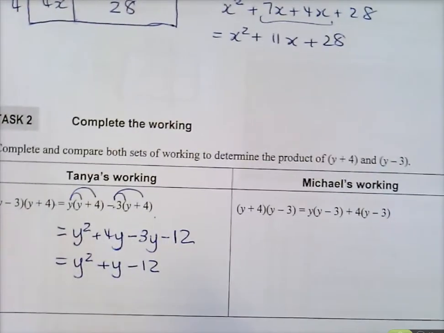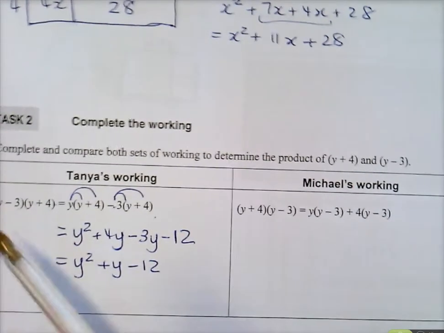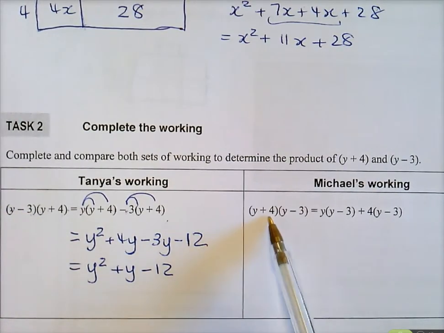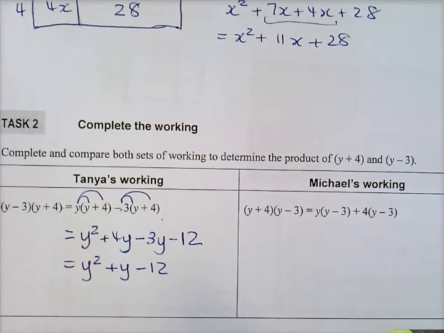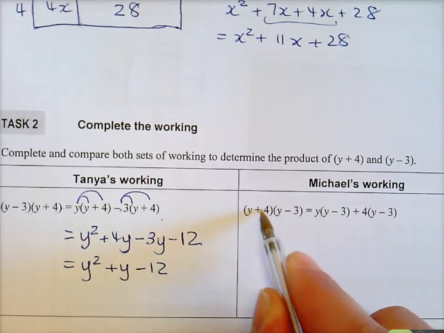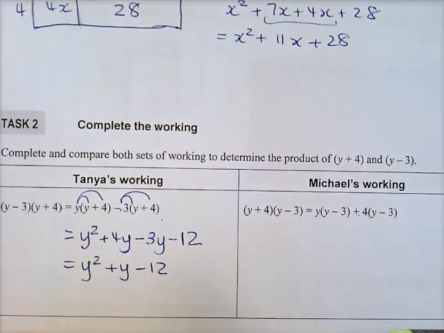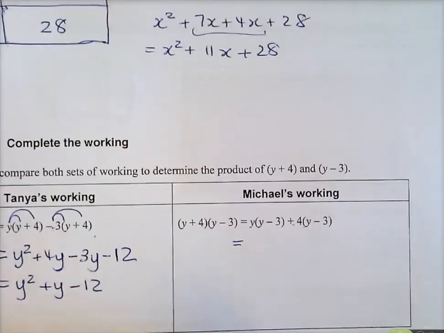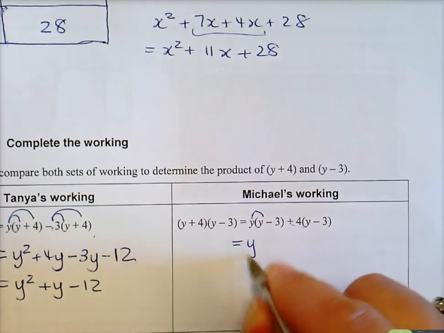Good. Now, look at, that's Tanya's working. She did y minus 3 times y plus 4, but Michael is doing y plus 4 times y minus 3. It's exactly the same thing. He should get the same answer, but he's multiplying the y by everything in the second bracket and then the plus 4 by everything in the second bracket. It's the same thing. So let's see what he gets. What's y times y?